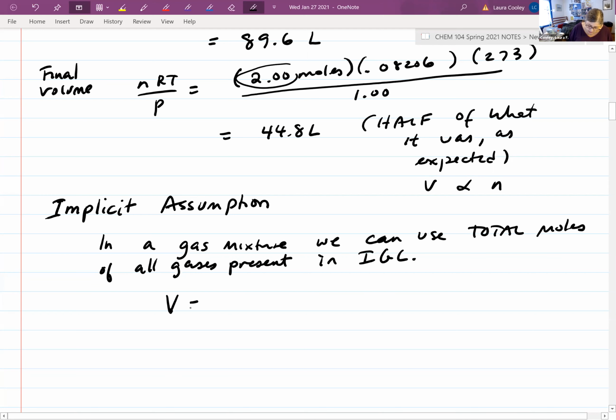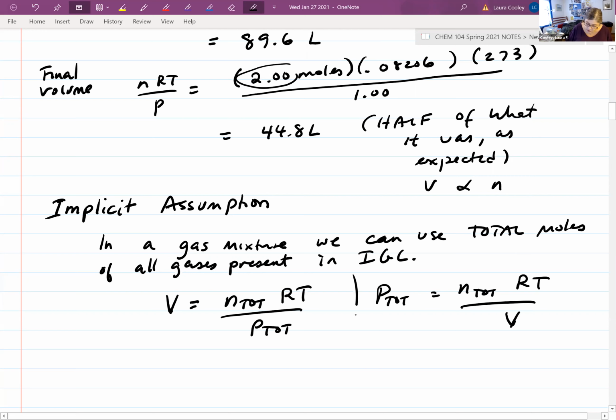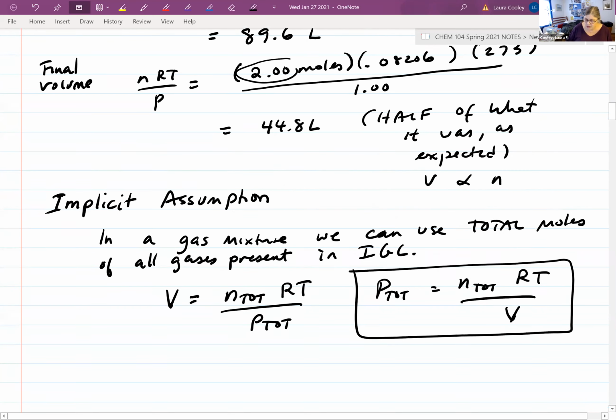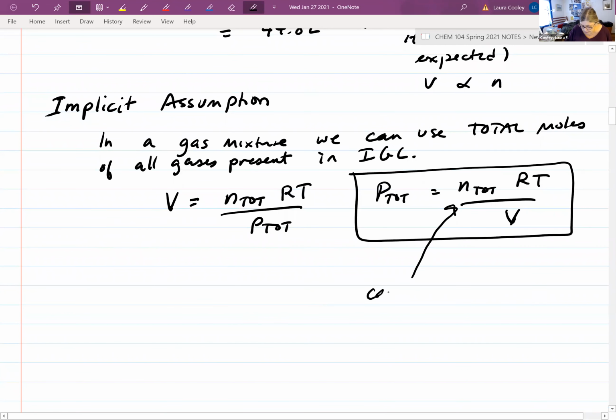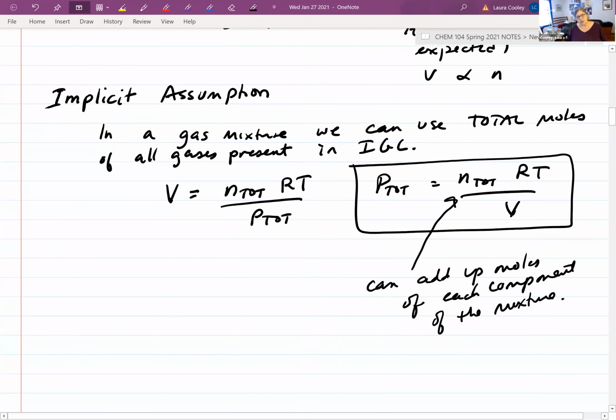We found the volume was n total RT over P total, or P total is n total RT over V. So this is really what we assumed. We assumed that you can add up the moles of each component of the mixture, in this case the nitrogen portion and the hydrogen portion.